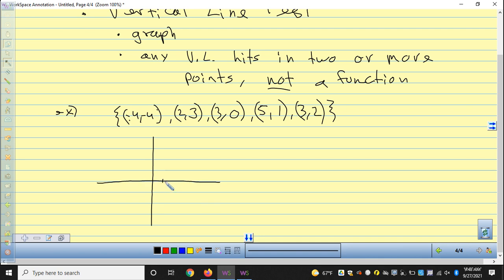All right, so (-4, -4). That's going to be a point down here. Over 2, up 3, that's going to be a point here. Over 3, up 0, that's going to be a point there.